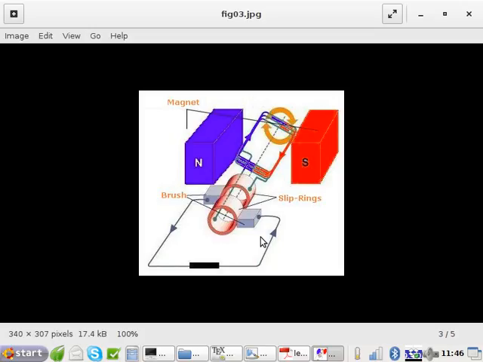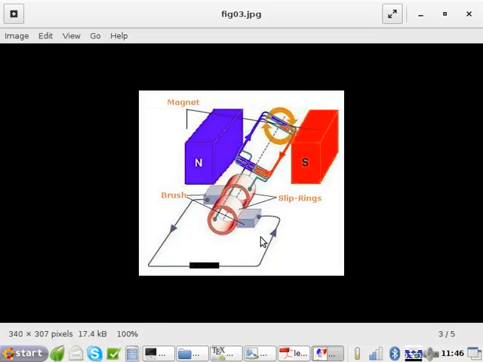So the current should be going into the page on this finger here, which it is. So Fleming's right hand for the generator, left hand for the motor.